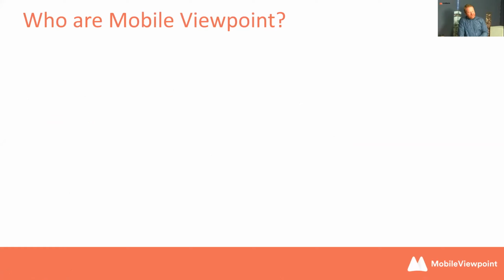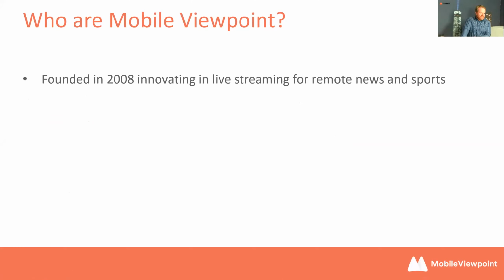So just to start with a little bit about Mobile Viewpoint for those of you who don't know of us. We're actually innovators in live streaming, specifically for outside broadcast remote production. So we pioneered sort of the mobile backpack, which allows you to connect a camera and basically live stream over the 3G, 4G, and soon to be 5G network.